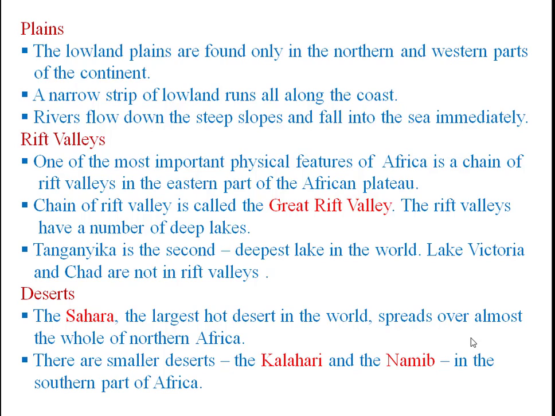A narrow strip of lowland runs all along the coast, but the coastal lowlands are far above the sea level. Besides, they are very narrow. This is because the plateau drops sharply down to the sea. Rivers flow down the steep slopes and fall into the sea immediately.